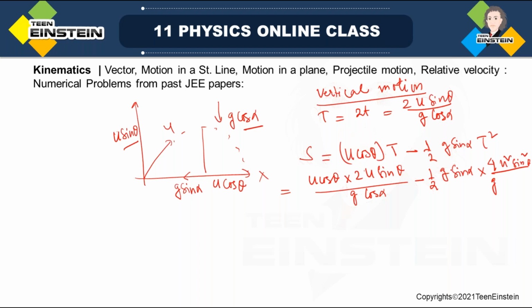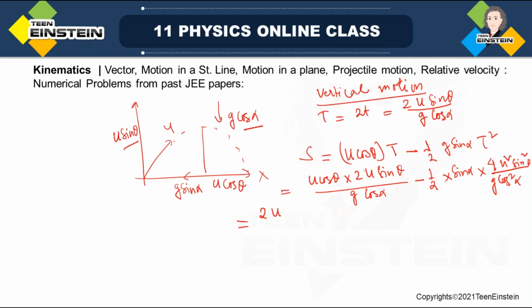So one g I can cancel out. So let me write g, and this will be cos square alpha.